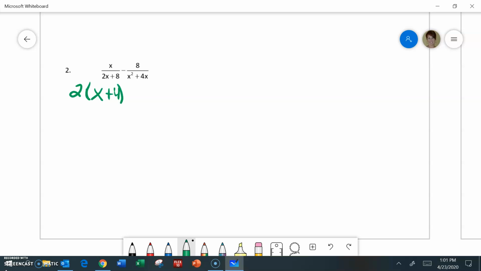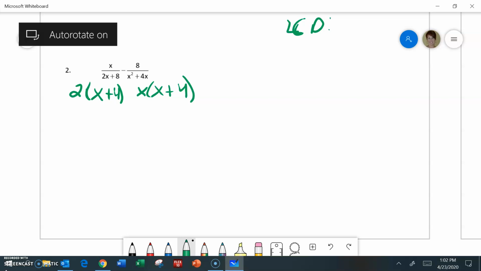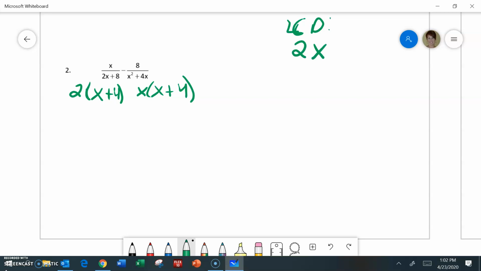And then over here, I'm going to factor out an x, and I'm left with x plus 4. So it looks like our least common denominator is going to be 2x times x plus 4. So 2 times x plus 4.